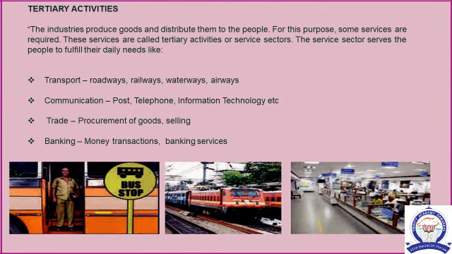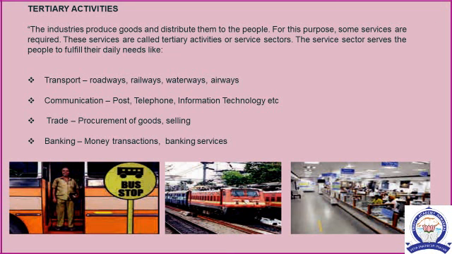Next, tertiary activities. I already told you that industries produce goods and distribute them to the people. For this purpose, some services are required, and these services are called tertiary activities or service sectors.